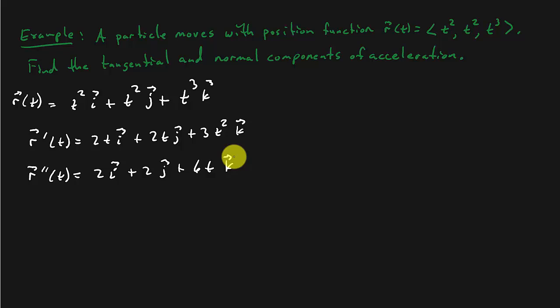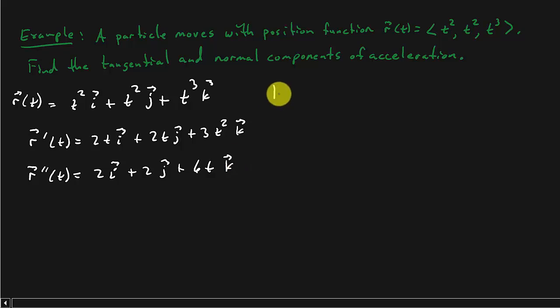We need the magnitude of r prime, don't we? So the magnitude of r prime is equal to the square root. So here's r prime. So it's this squared, 2t, all of that squared. So that's 4t squared. 2t, all of that squared, 4t squared.